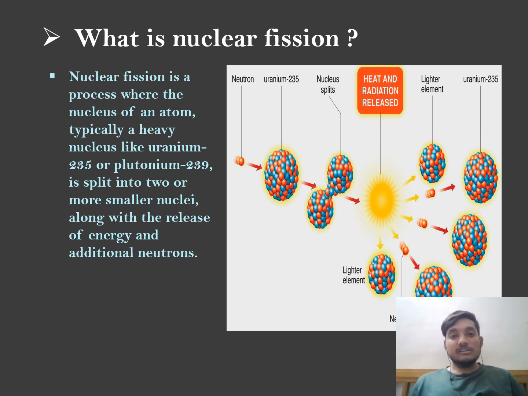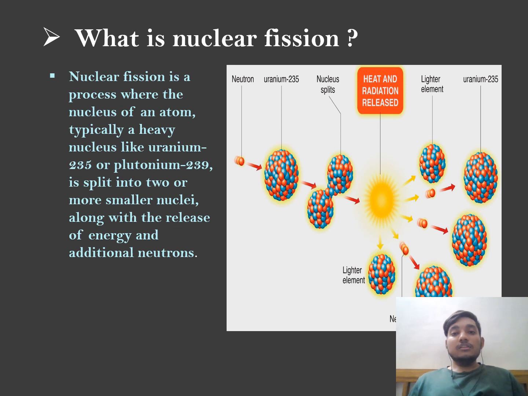There are three steps. First one is initiation. A neutron collides with the nucleus of a uranium-235 atom. Second, fission. The impact from the neutron makes the uranium-235 nucleus become unstable. This unstable nucleus splits into two lighter element nuclei, releasing a large amount of heat and radiation. Third one, chain reaction.